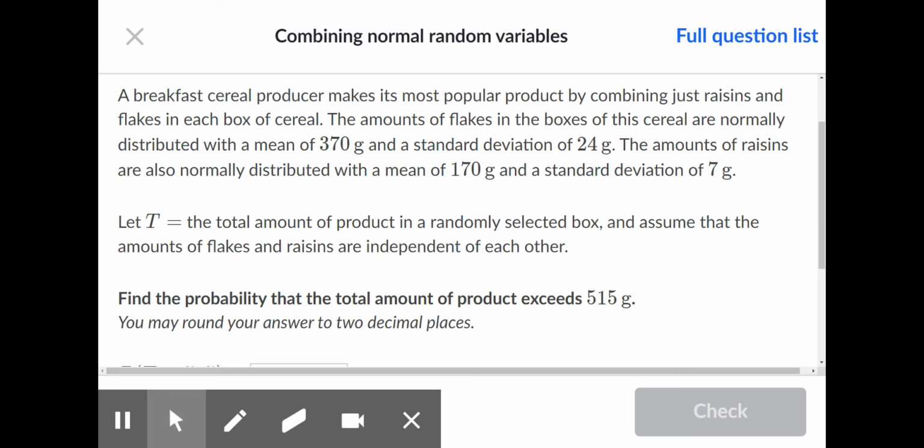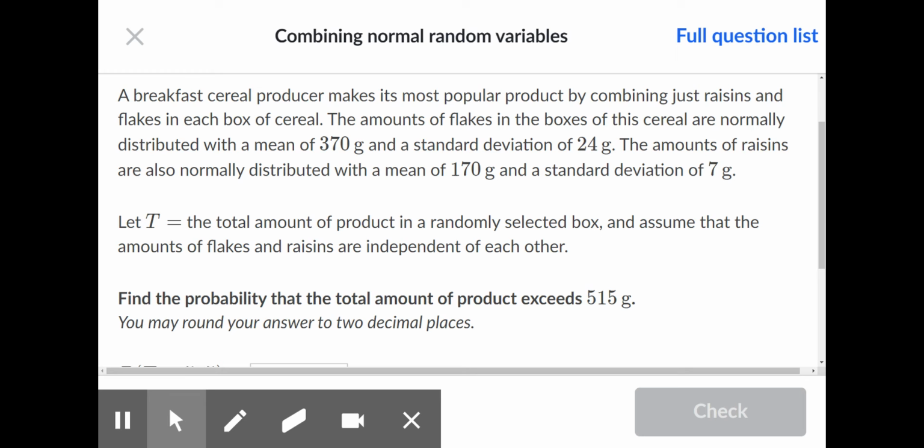We go to second VARS to find the normal CDF, number 2. Then it asks us for the lower, which was 515, the upper, 9999, the mean, 540, and the standard deviation, 25.